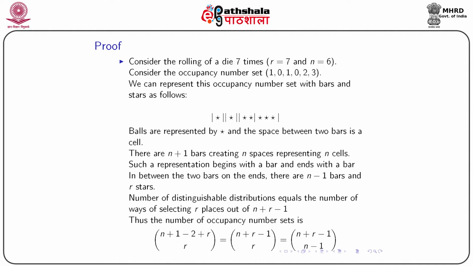Thus the number of occupancy number sets is based on n plus 1 minus 2 bars; this minus 2 is for the two end bars which we cannot move. So we will have n minus 1 plus r choose r, that is n plus r minus 1 choose r, which is equivalent to n plus r minus 1 choose n minus 1.